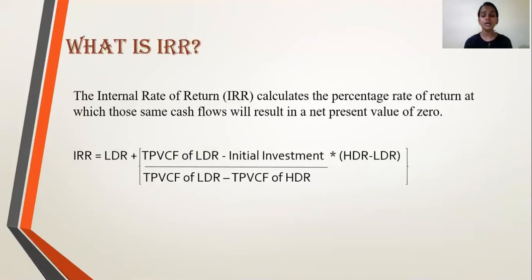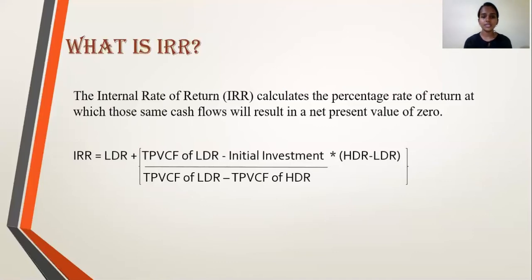Here you can see there is a lower discount rate and a higher discount rate. For example, when we calculate NPV, let's imagine when you're calculating it for a 10% discount factor, you're getting a negative value. But when you're calculating it for 5%, you're getting a positive value. Again, you calculate it for 7% and you're getting a negative value. You calculate it for 4% or 6%, you're going to get a positive value.